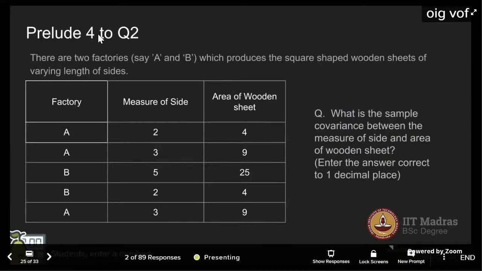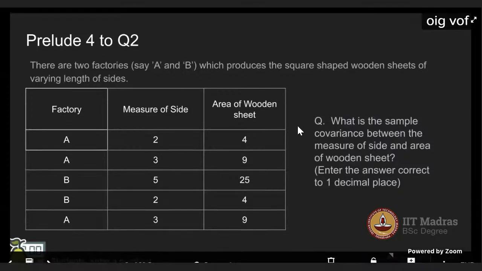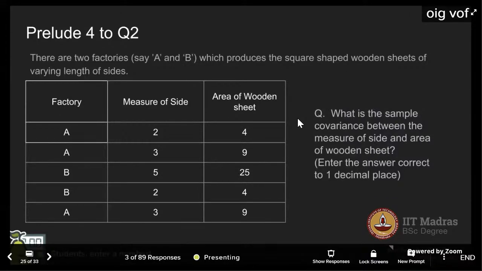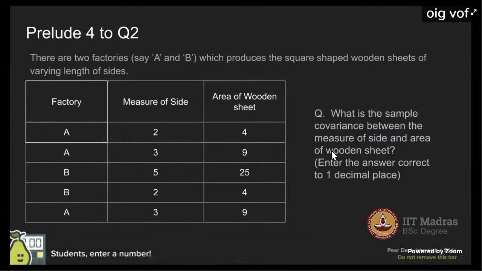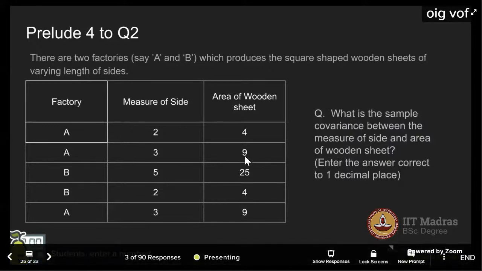Sir, can you repeat the relation between correlation and covariance? Correlation is the covariance of x and y divided by the standard deviation of x multiplied by the standard deviation of y.